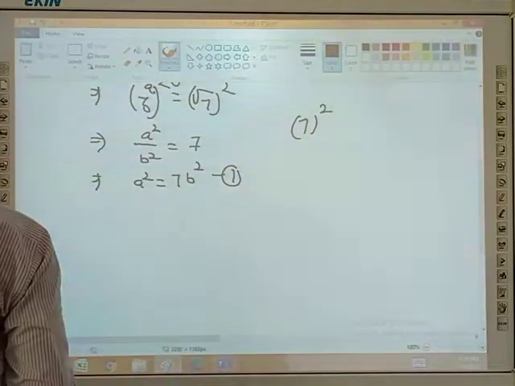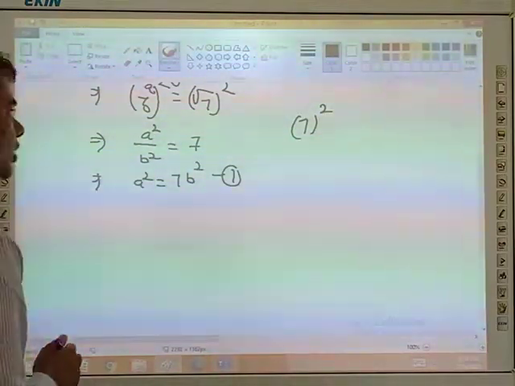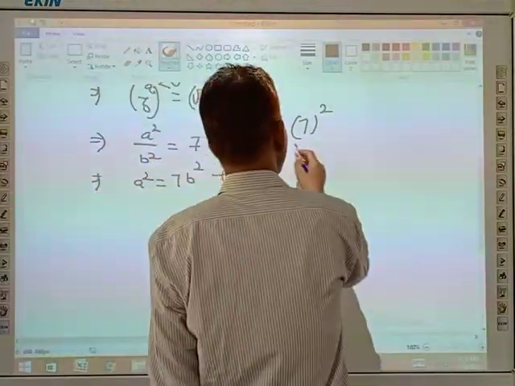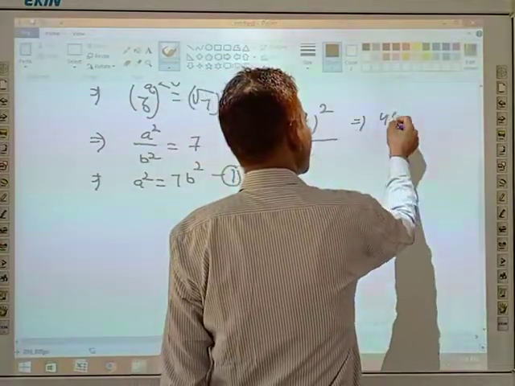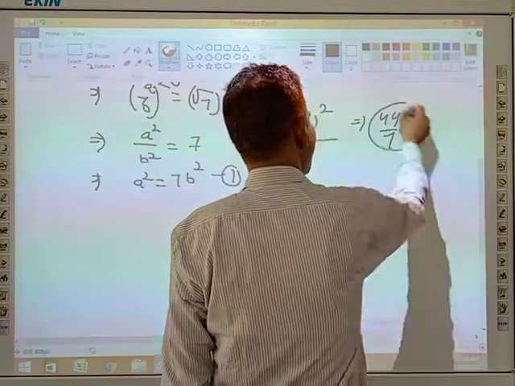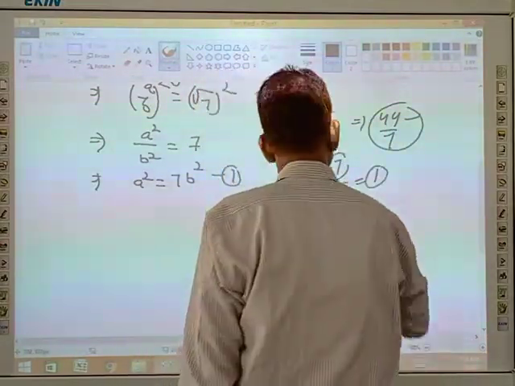Students, if a square is divisible by 7, that is, 49 is divisible by 7, then a is also divisible by 7 or not? Yes, sir.